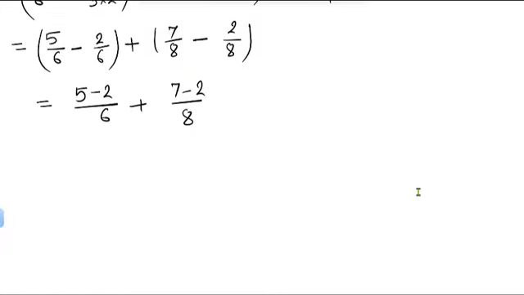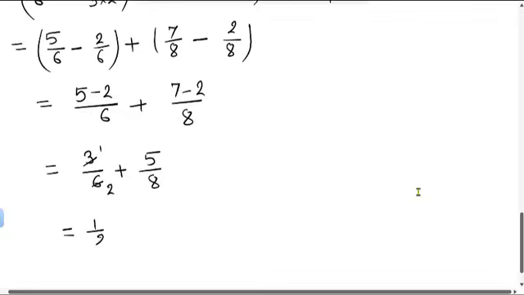Now we have 5 minus 2, which is 3 divided by 6, plus 5 divided by 8. You can cancel out here, right? So 3 times 1, 3 times 2, that means 1 divided by 2 plus 5 divided by 8.